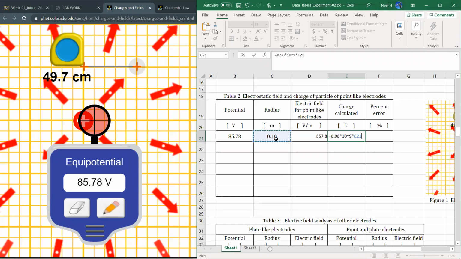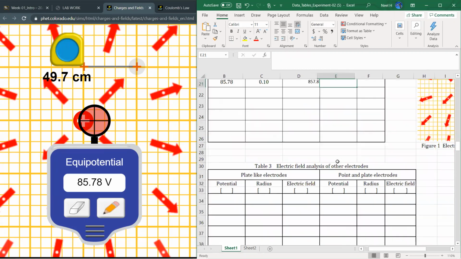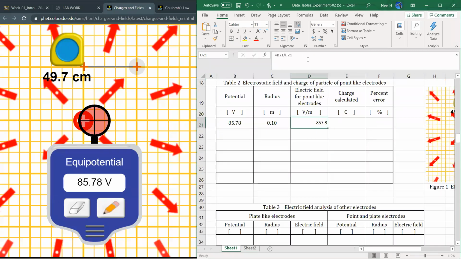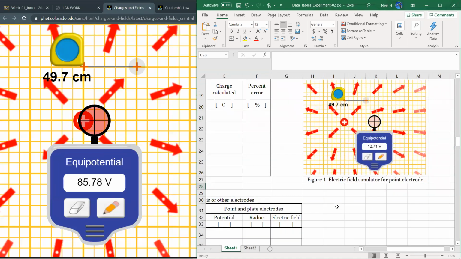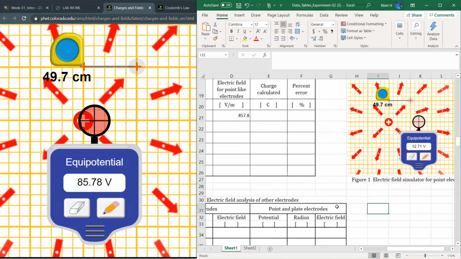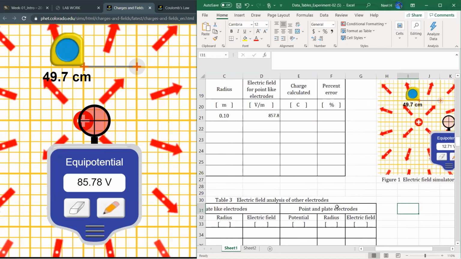R is this cell value C21 to the power 2, divided by... so let's take a look. Everybody okay with this one? I copy paste that also. Right here, let's do that command somewhere here. That's going to be the electric field calculated.